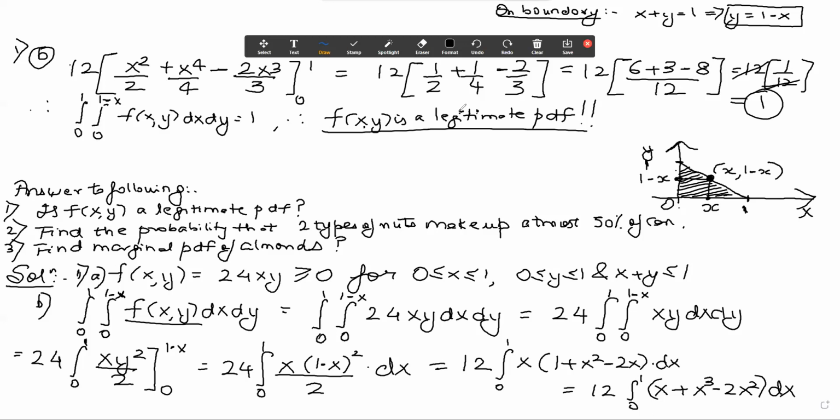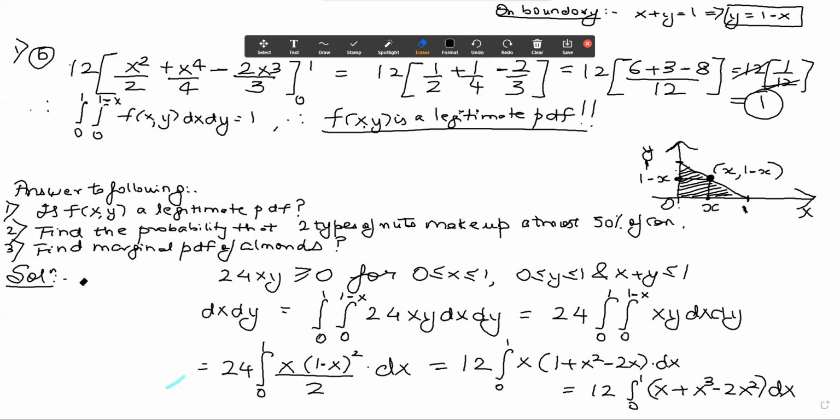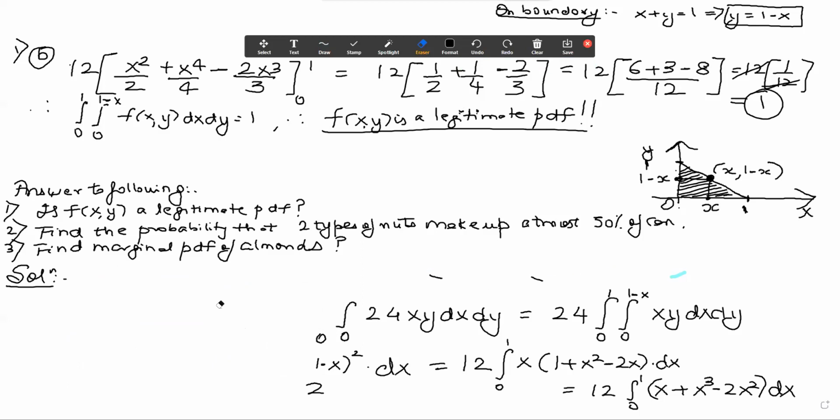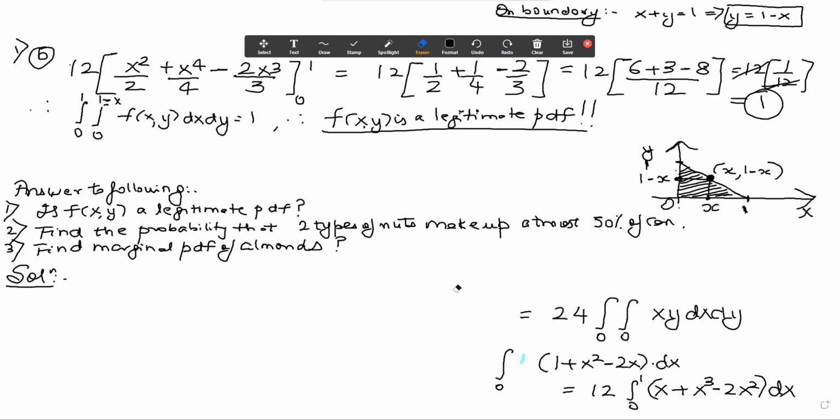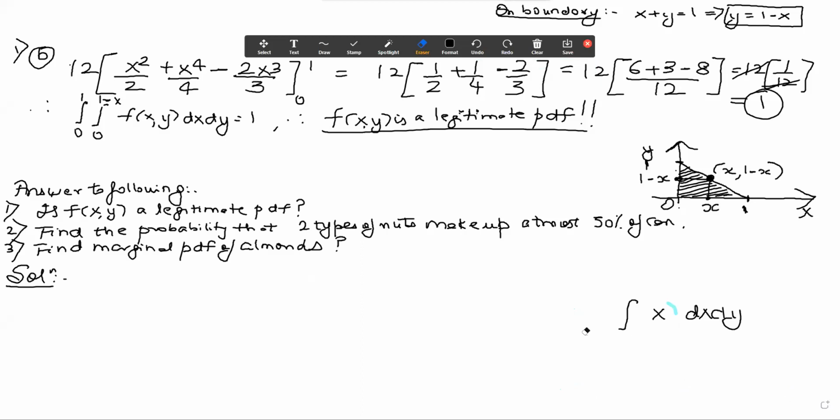If I now erase the initial part, this part is asking the following, part 2. What is the probability that the two types of nuts make up at most 50%? 50% means probability of x plus y less than or equal to 0.5.